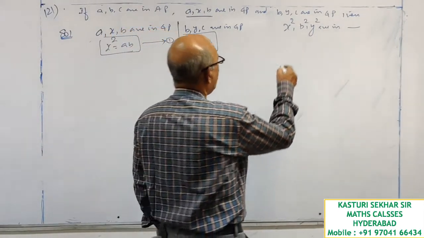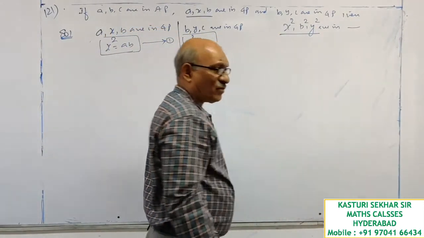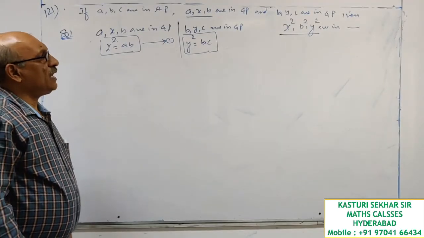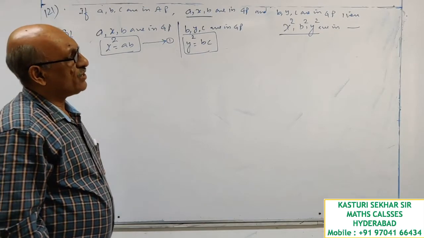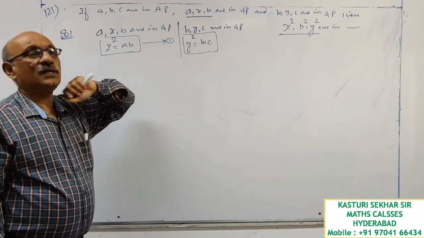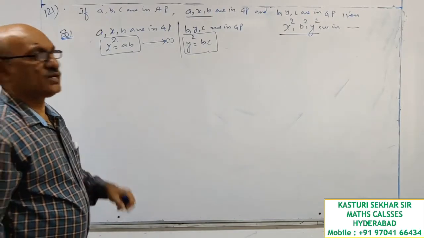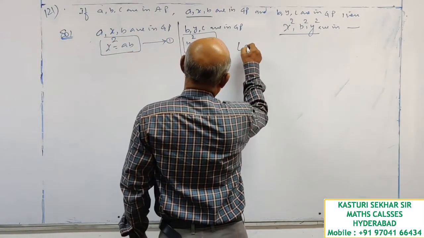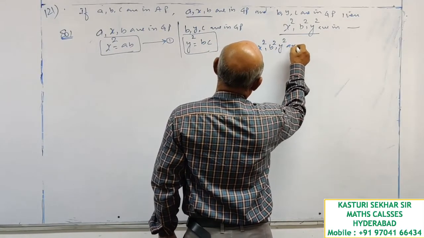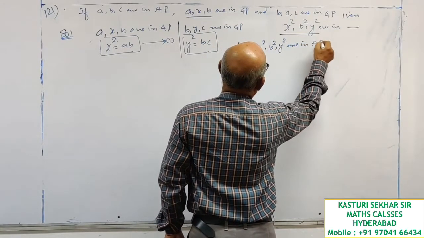Now you have to identify whether x square, b square, y square are in dash. Here the powers are 2, while for all these others the powers are 1. Let's consider this with an assumption. Let x square, b square, y square be in AP.